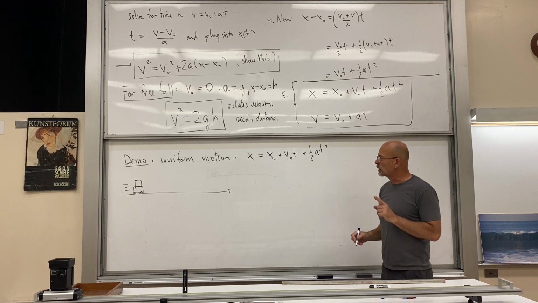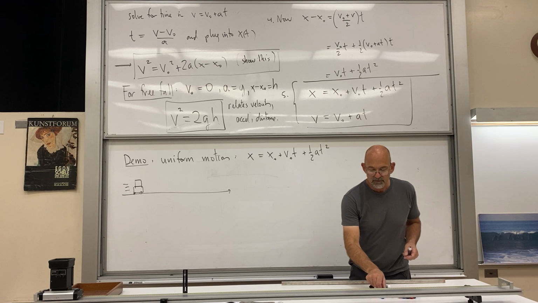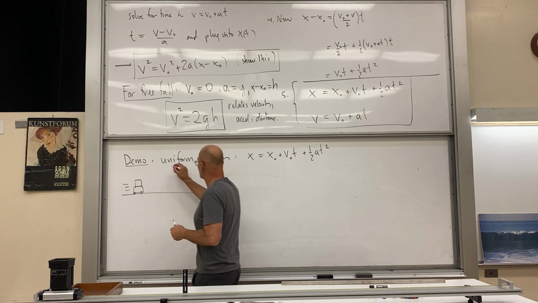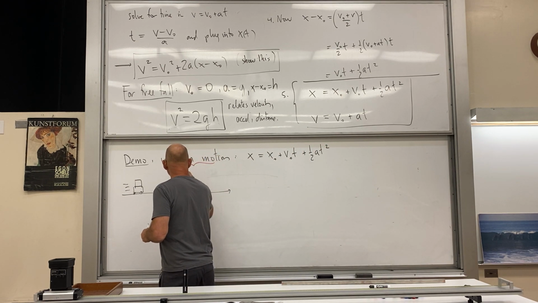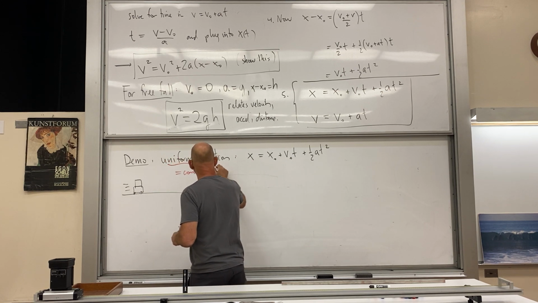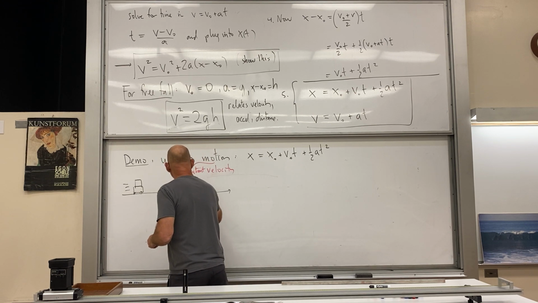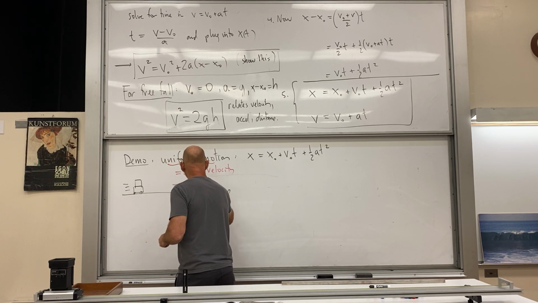And the thing is this, uniform motion means no acceleration. So uniform motion equals constant velocity, and that means acceleration equals 0.